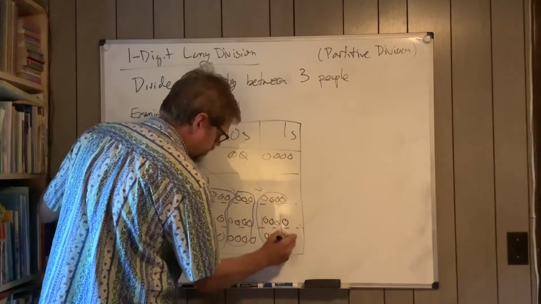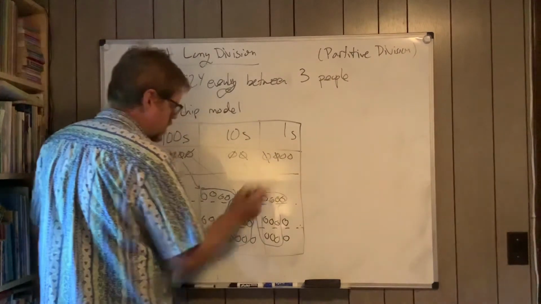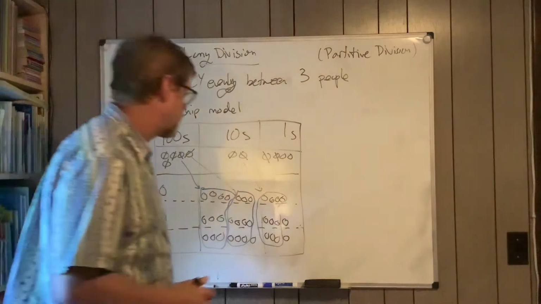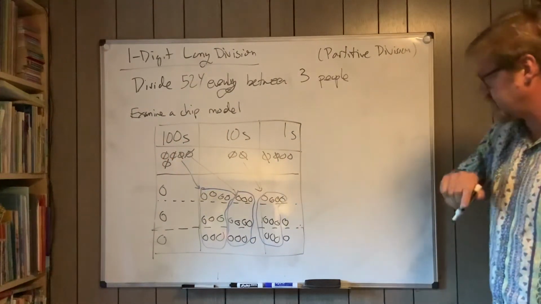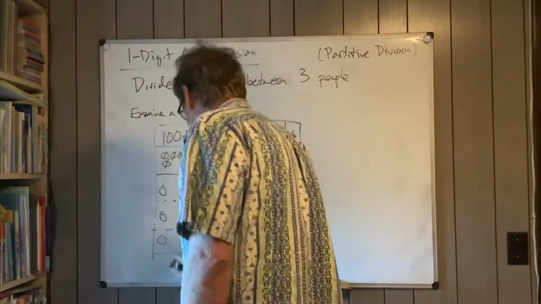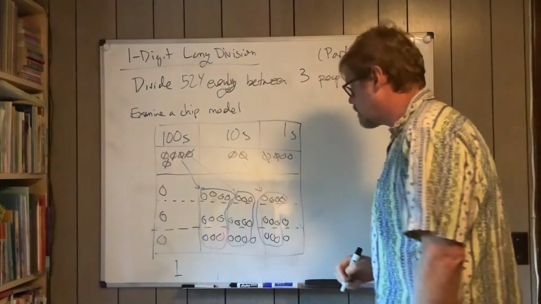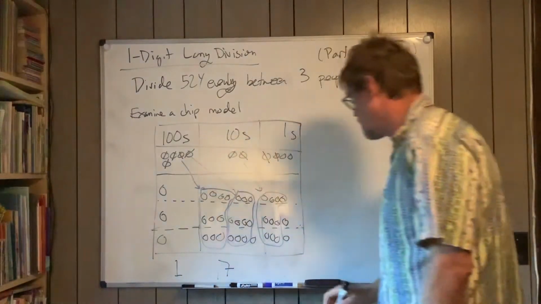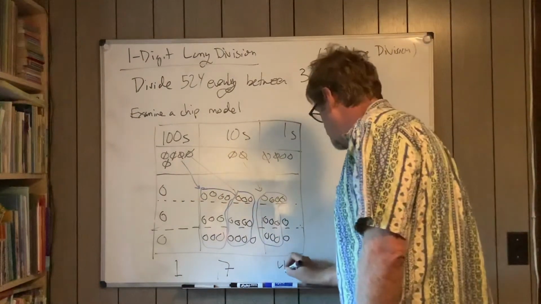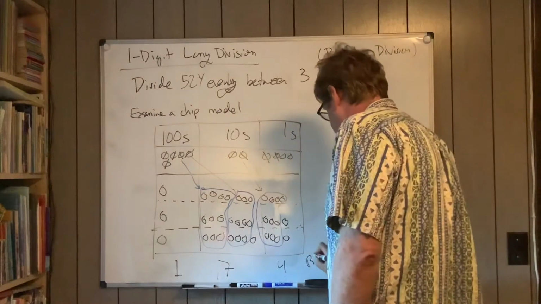And then 1, 2. Okay. And what does this show us? These are going to be 2 remainders. So what do I have for each group? I have 1 for each group. I have 1, 2, 3, 4, 5, 6, 7. And I have 4, right? And I have remainder 2.